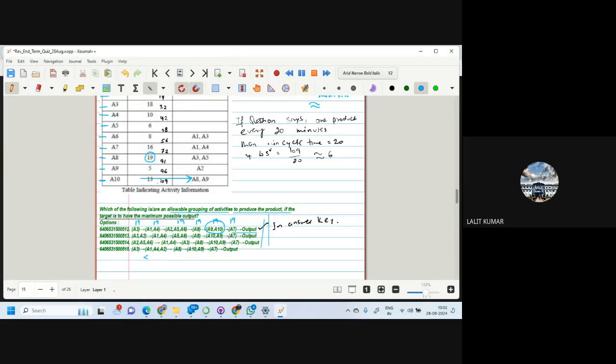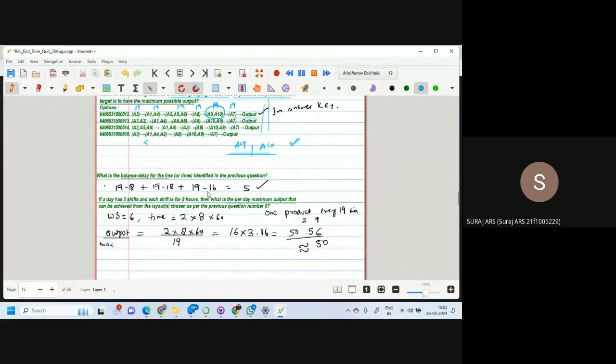Later I got the clarification from the instructor that as long as the time is matching, you can have these two activities on the same workstation. On that workstation, first it will do A9 and then it will do A10. So here also the ordering is being followed. See, time 13 plus 5, 18, is less than 19. So that is achieved.